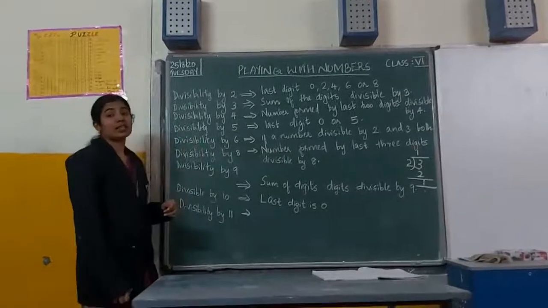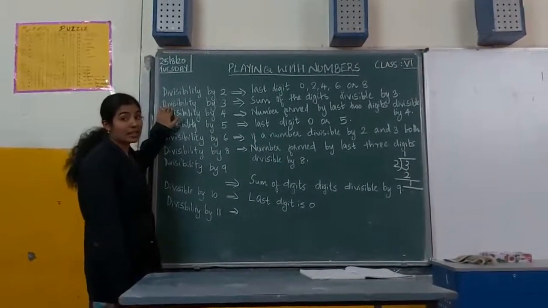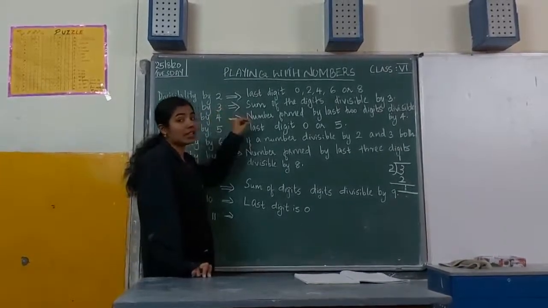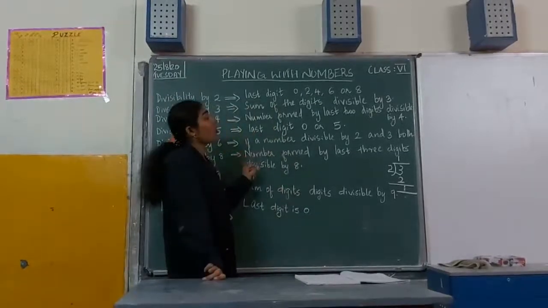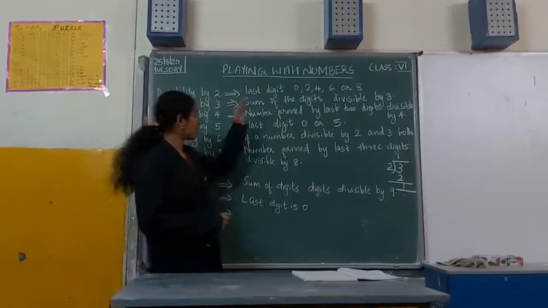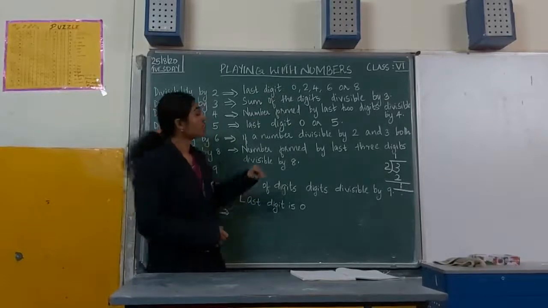Divisibility by 3. What is the rule to check the divisibility by 3? If you are given one number, add all the digits in that number.